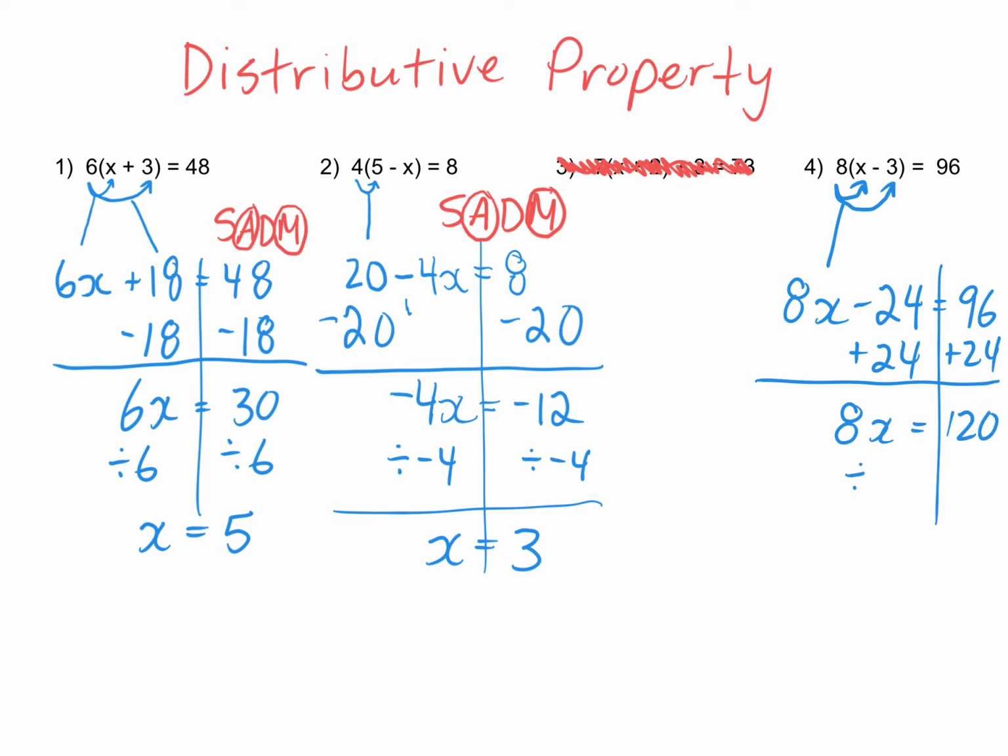And we're going to divide both sides by 8. And we get x equals 15. If we were to put a 15 back into this equation, 15 minus 3 is 12, and 8 times 12 is 96. So we are good to go.